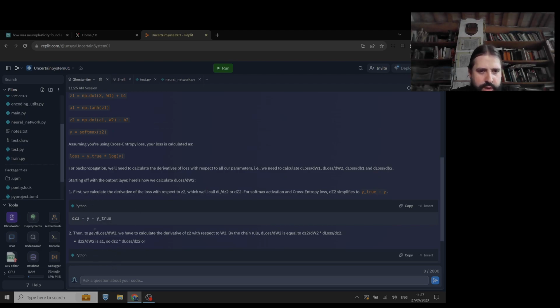Then to get the loss with respect to W2, we have to calculate the derivative of Z2 with respect to W2. Wait a second. The derivative of Z2 with respect to W2. Why? So the derivative of the loss we should need to calculate, right?